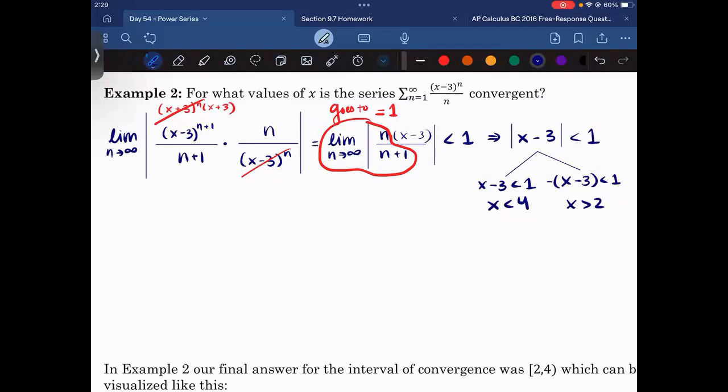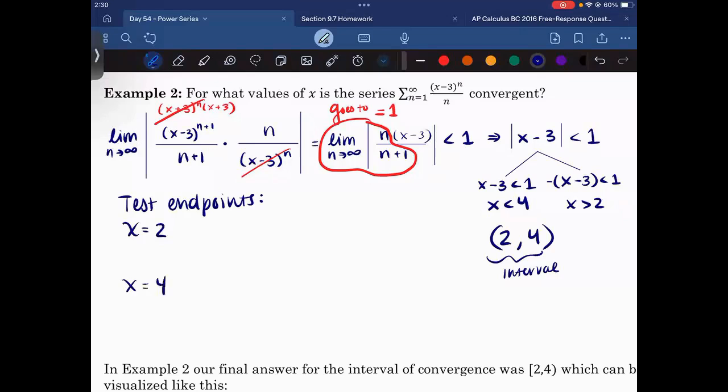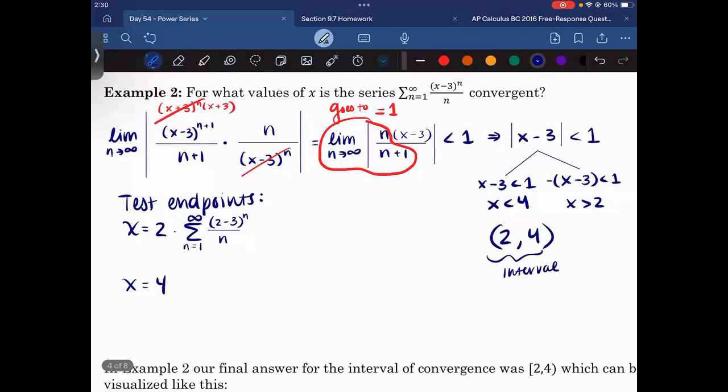Okay, so now we have 2 and 4 as my interval, but we have to check the endpoints. So we're going to test the endpoints. We're going to plug this back into our function. So our first one, we have x equals 2, and I already plugged in the x equals 2. Remember, you're plugging in for x and not n.